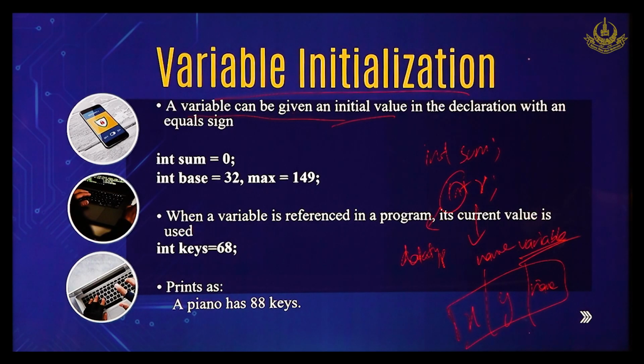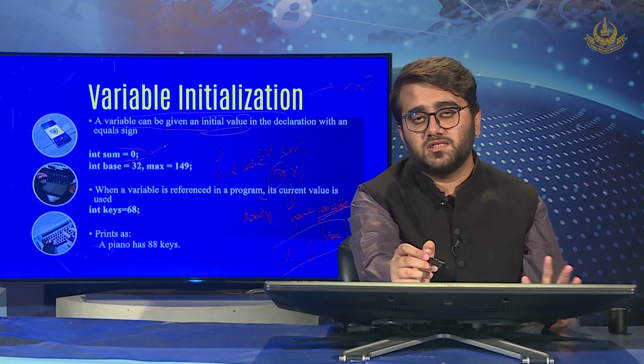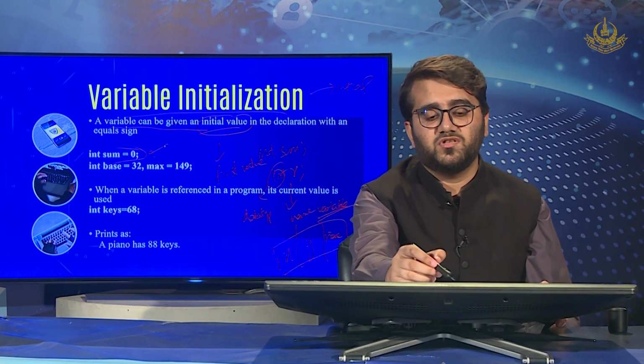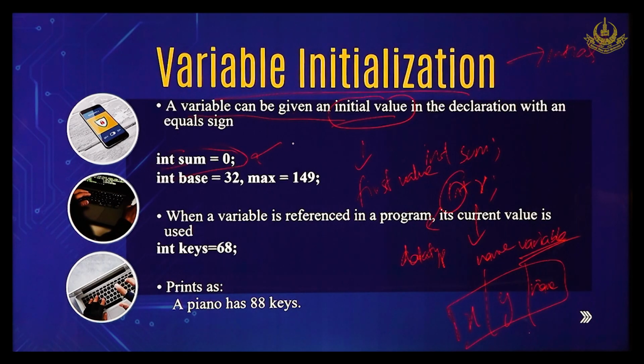Where does this word come from? Initialization comes from initial, and initial means the first one. So the initial value means the first value which we are giving. So we have declared and we have defined. We can say initialization and we can say definition. Here we are defining the variable and we are initializing it also.